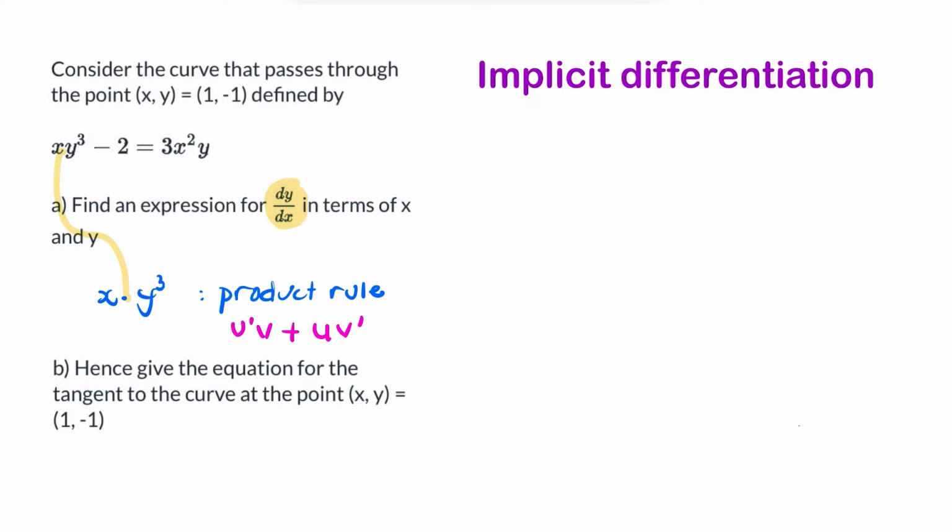The derivative of x is just going to be 1, and I'll multiply that times y cubed, plus x multiplied by the derivative of y cubed, which is 3y squared dy by dx. Then the derivative of 2 is 0, and the derivative of 3x squared y, again, is product rule.